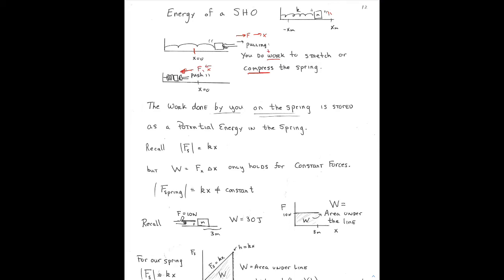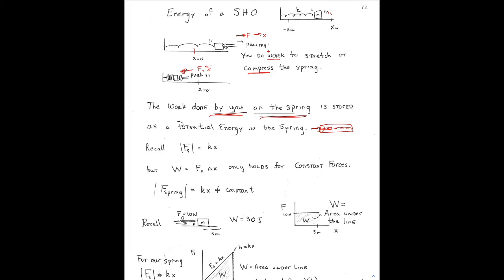Now, the work done by you on the spring is stored as a potential energy in the spring. So you remember our projectile launcher that we looked at. When you load that thing with your hand, you push and you're loading that spring, you have to push hard on the ball that's back up against the spring.